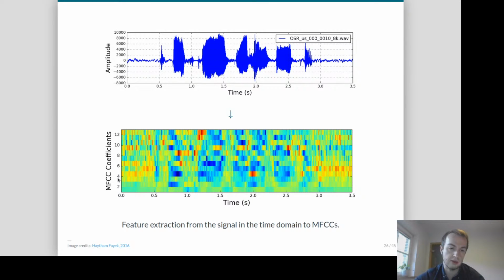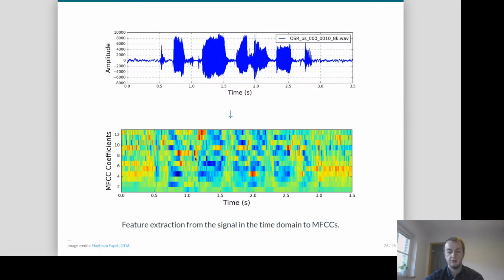And here what we would have is typically 13 MFCC coefficients, computed at some small interval, maybe one every 10 milliseconds or something like this. So we would now have this acoustic representation of the signal, and this is the representation that we'll use to produce the translation.